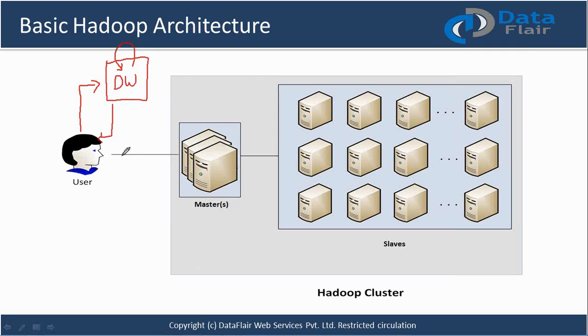On the other hand, here in Hadoop, if a user submits any work, your master will submit the same work to all the slaves. Suppose I am having a 100 node cluster. The work will be divided and done by all the machines.